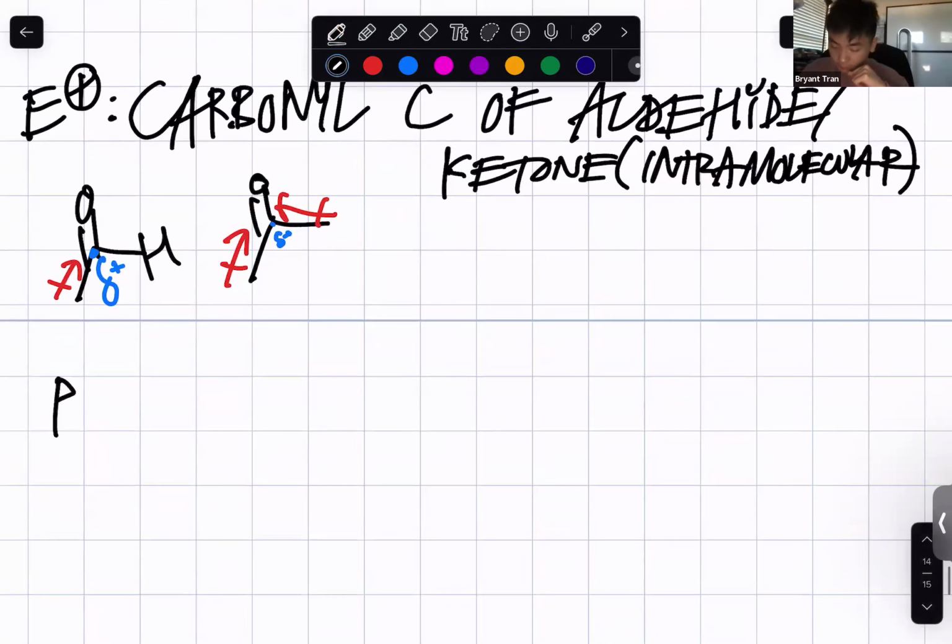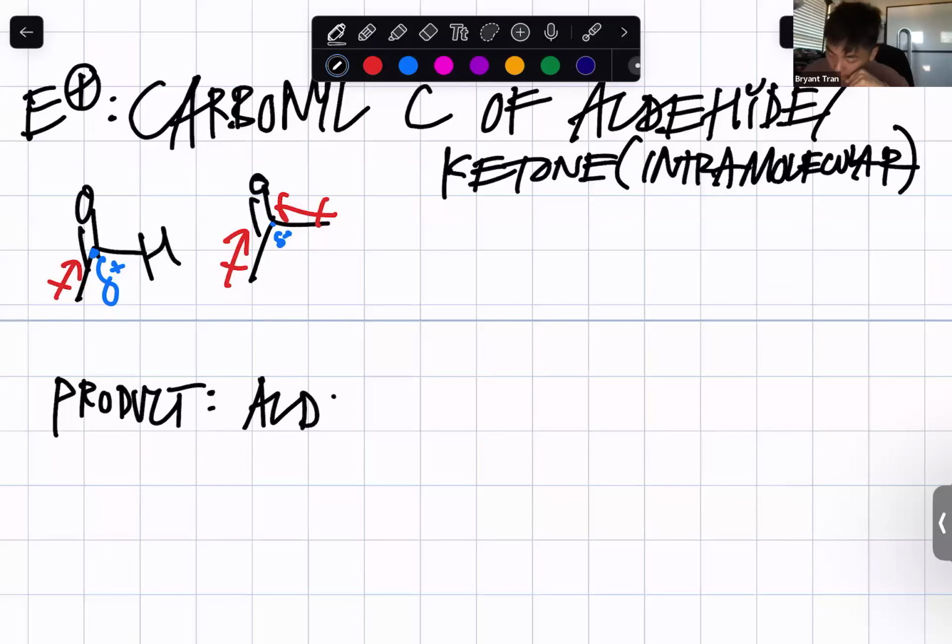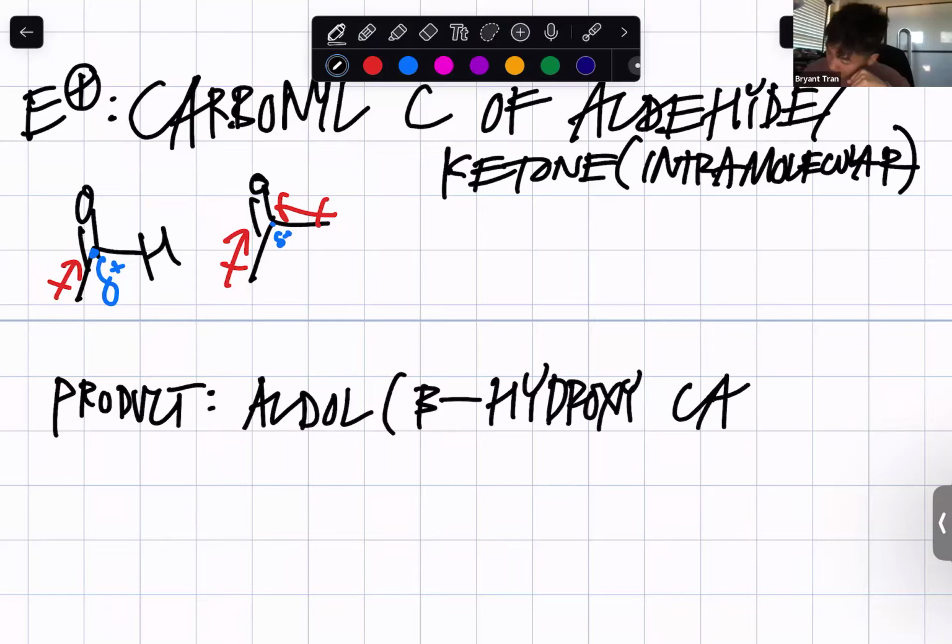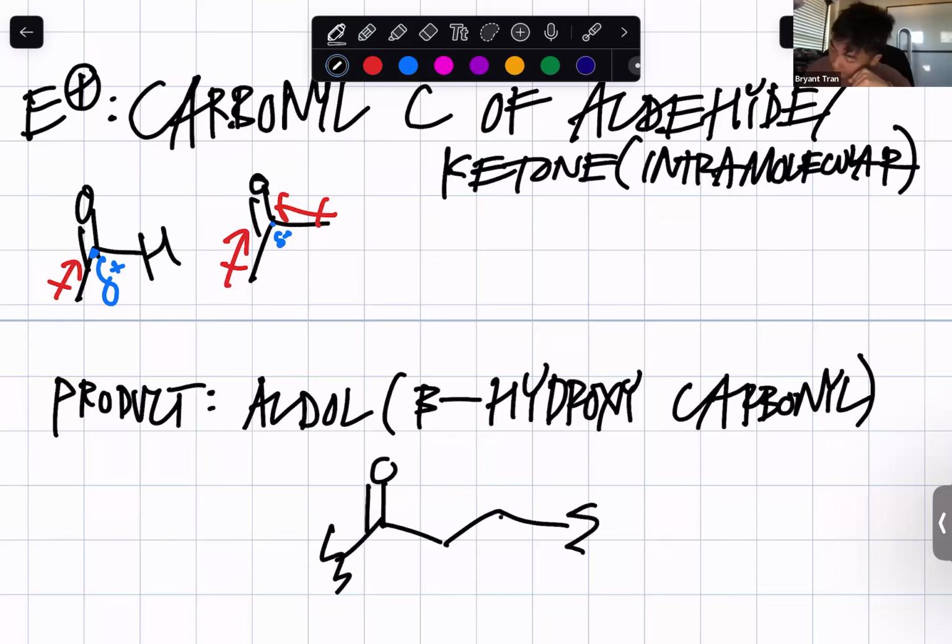The product of aldol condensation here is going to be something called an aldol or a beta hydroxy carbonyl, which looks something like this. If you have a carbonyl, beta to that carbonyl you will have a hydroxy group. Let's say this is the carbonyl carbon, this is the alpha carbon, this is the beta carbon.